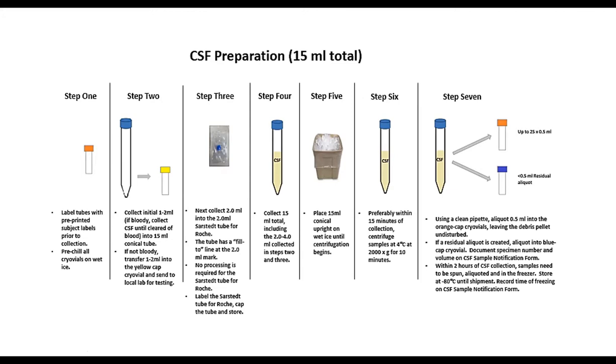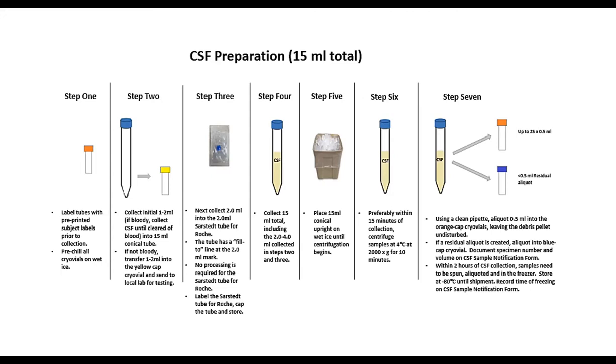So you will do the lumbar puncture, and the first couple of mils will go into the 15 mil conical. If they are bloody, you'll discard them. If they're clear, go ahead and send them on to the local lab for local lab testing.